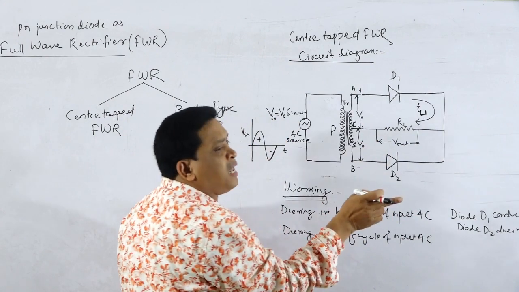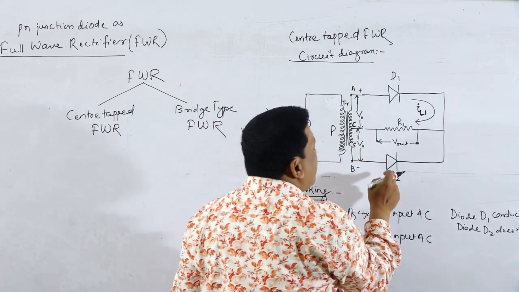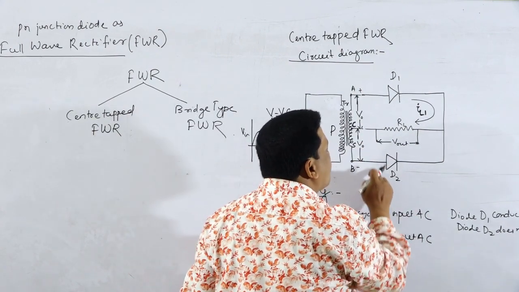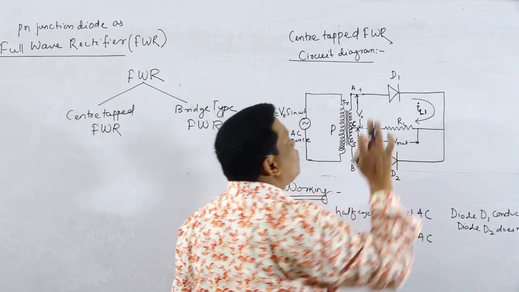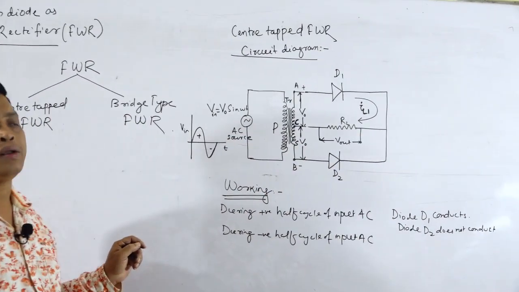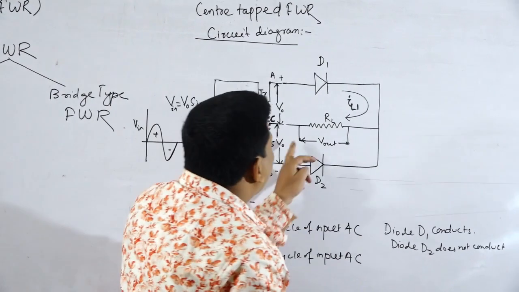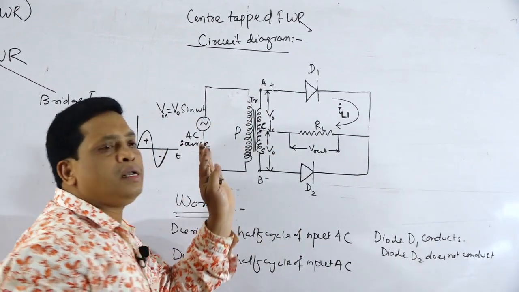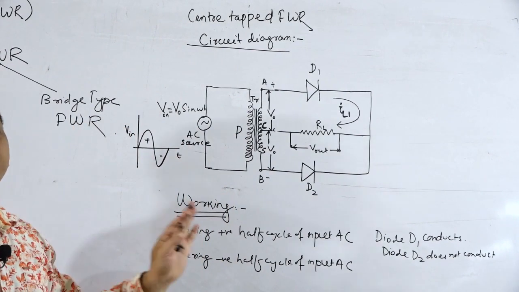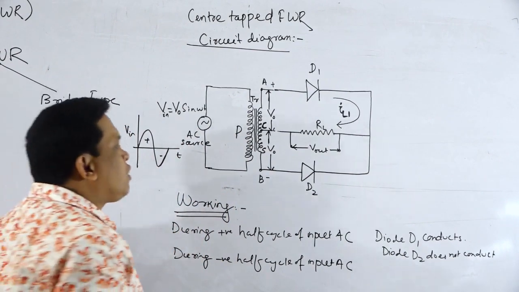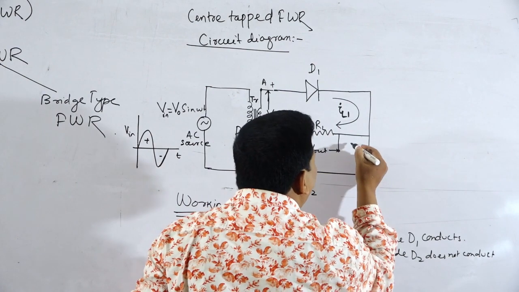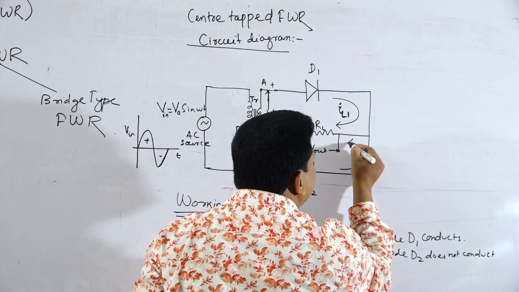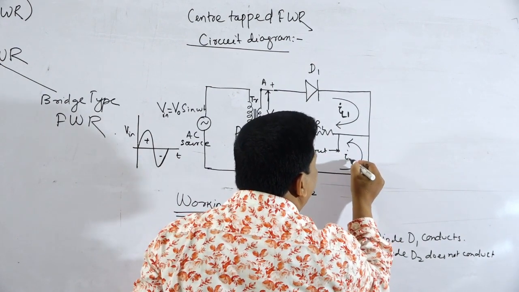As a result, only diode D2 is forward biased and D1 is reverse biased. So D2 will conduct current, but D1 will not conduct current. So current flows in the lower half of the circuit in this direction due to diode D2.